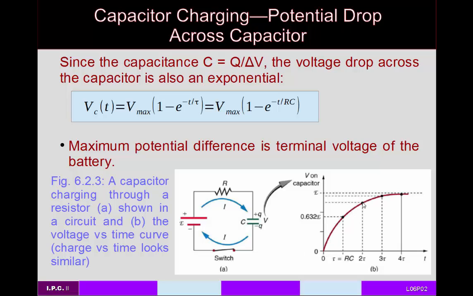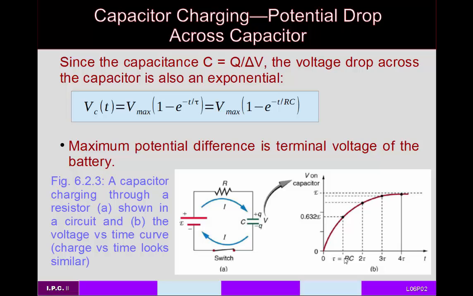And you expect something that looks like this. It's basically an exponential rise, but it's an exponential rise in the sense of a negative exponent. 1 minus e to the negative t over RC. In a sense, it's an exponential decay, but it's increasing rather than decreasing.